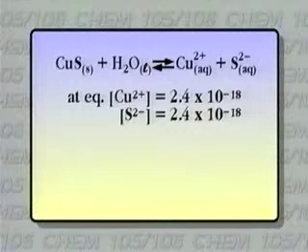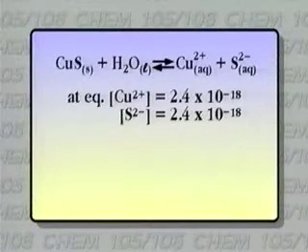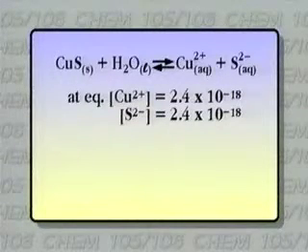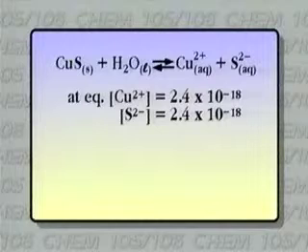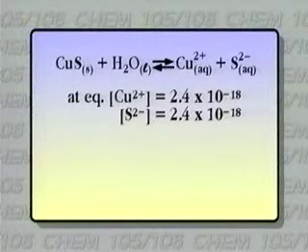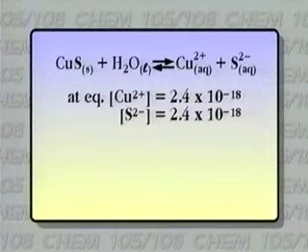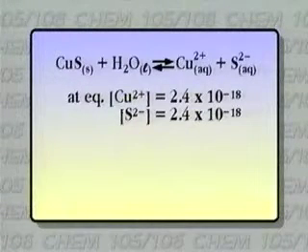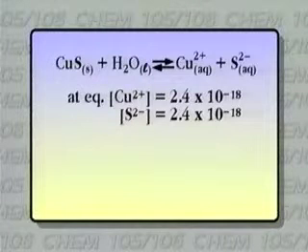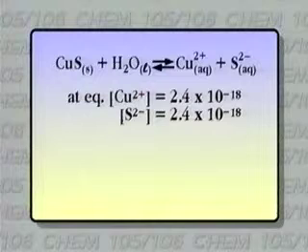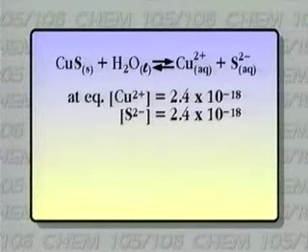That makes sense, because for every copper ion I get, how many sulfide ions do I get? 1. They're a 1-to-1 stoichiometric mole ratio. So if I get 10 of these, I'm going to get 10 of those. The two concentrations are the same, and of course that would be logical.